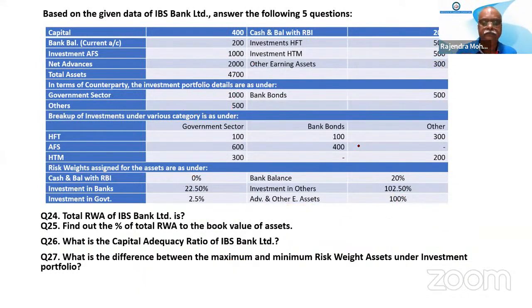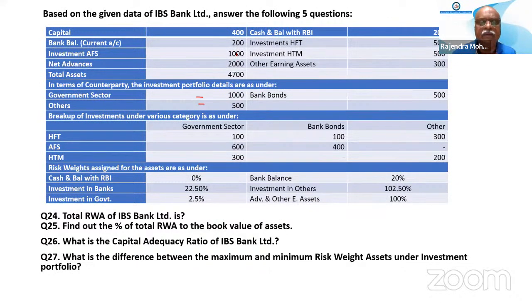Sir, for investment, we don't take HFT investment and HTM investment. These are given differently. In other questions, market risk concepts come in, but for this question we have to take the total amount only, which is available in these rows. We don't have to take HFT, AFS, and HTM here; it is not required at all. If the question is different for HFT, AFS, and some market risk concept comes, that will be taken into account. Only total investments you have to take.